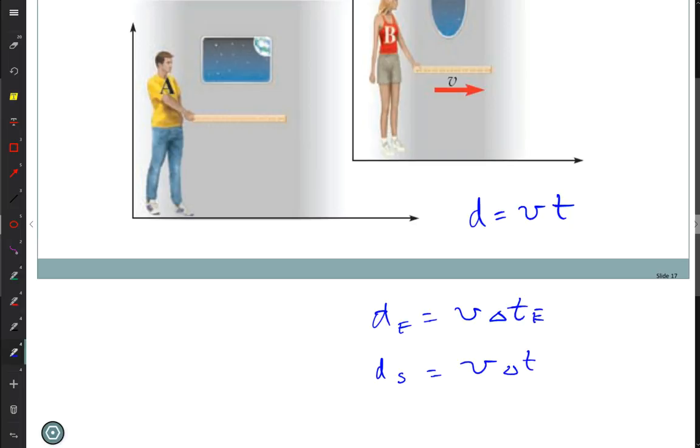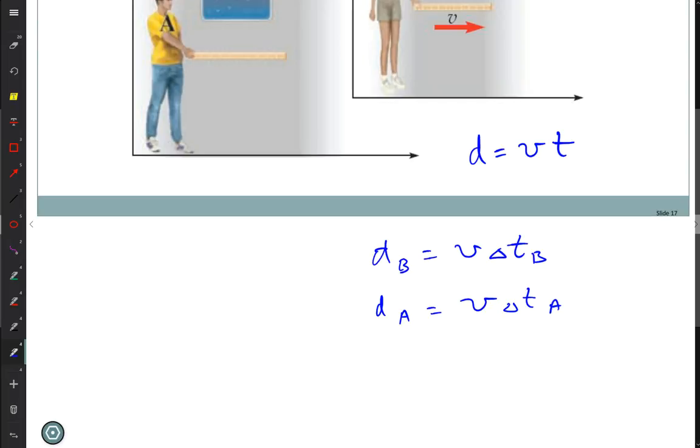I should have used A instead of Earth, I'll use B just to be consistent with the picture. A. And so if we just take these and relate the two, just divide the two, so the V's cancel out.